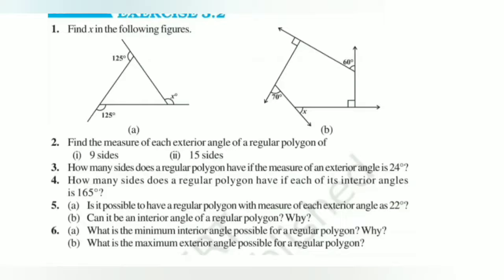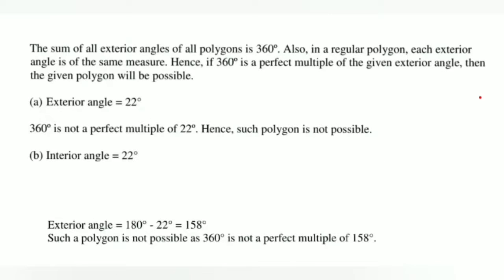Next, question number 5. Is it possible to have a regular polygon with measure of each exterior angle is 22 degree? See the solution. The sum of all exterior angles of all polygon is 360 degree.